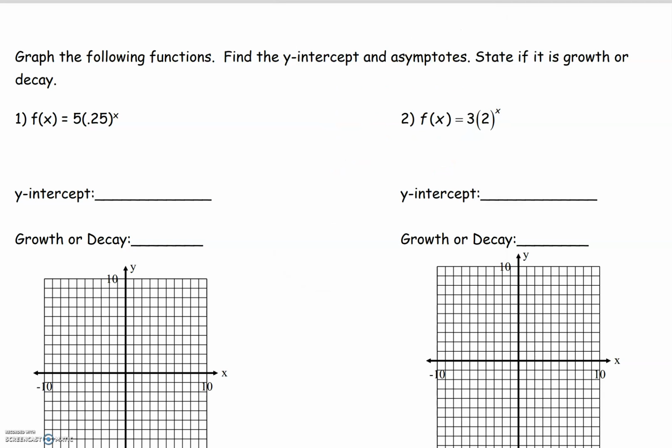So to find the y-intercept, we want to have the x value be 0. The horizontal asymptote, remember, is always our y equals 0. And so it will never go below that x-axis.